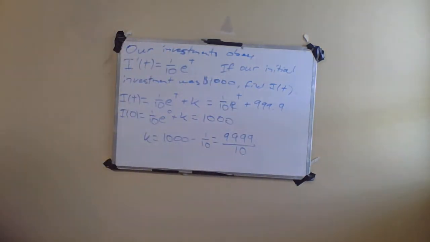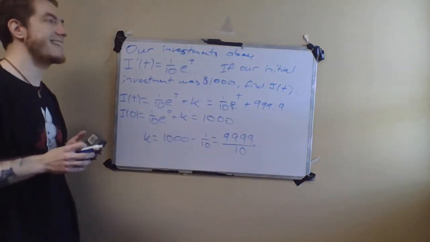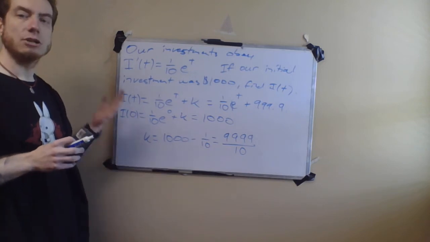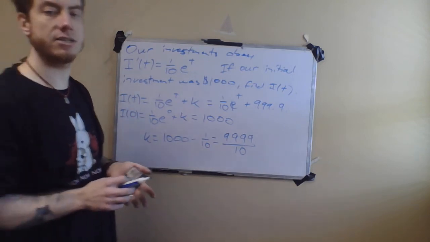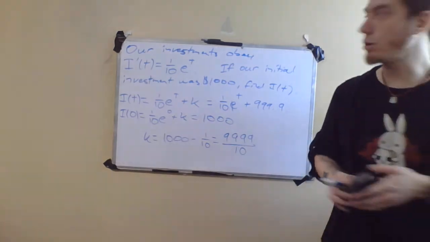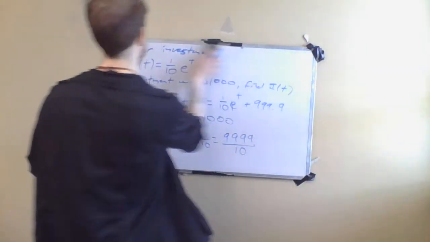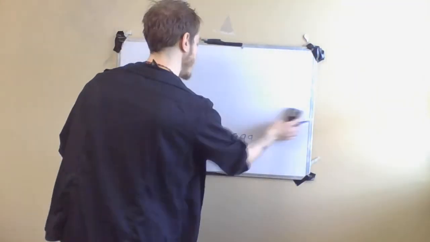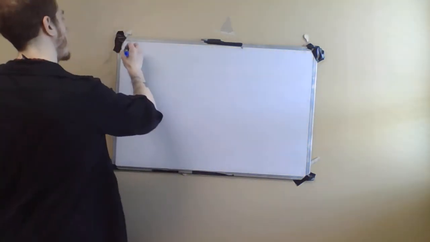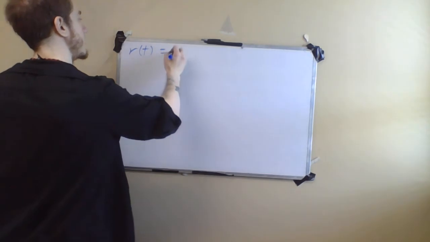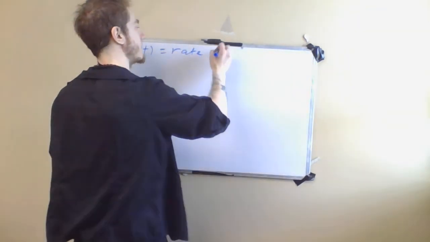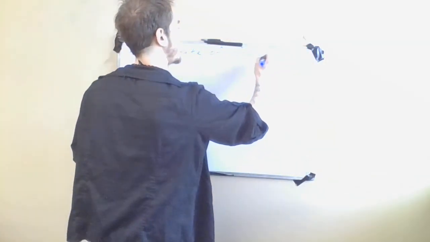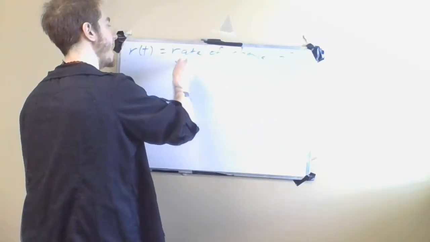And so, in some sense, we expect that antiderivatives should be telling us something about the total change. So let's write down intuitively what we just said. Suppose that R of t is equal to the rate of change of some x of t.